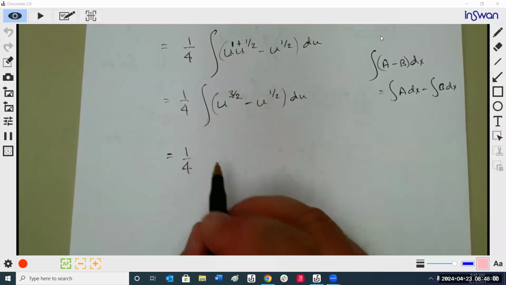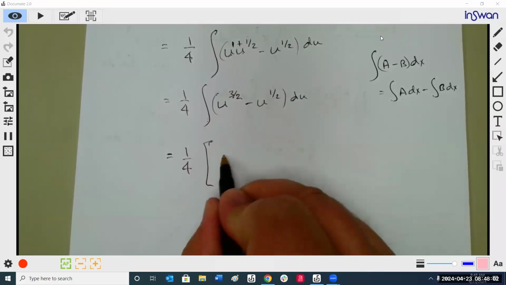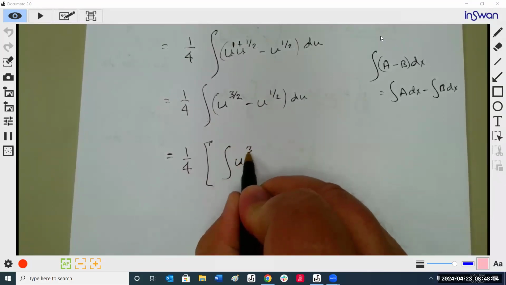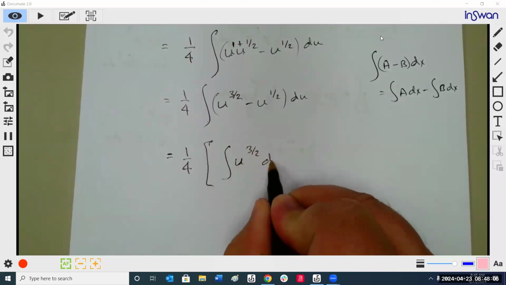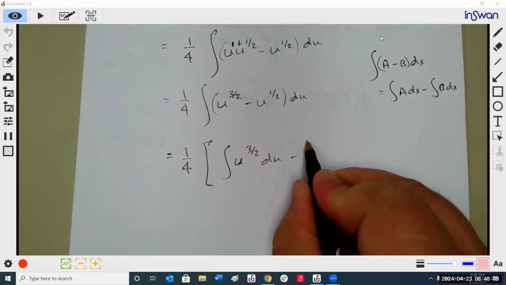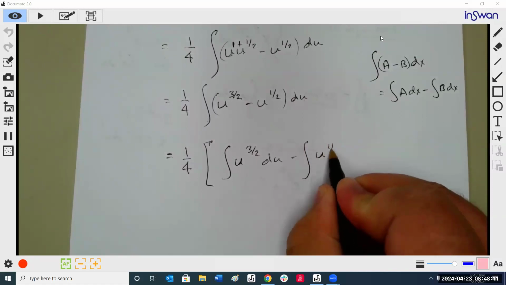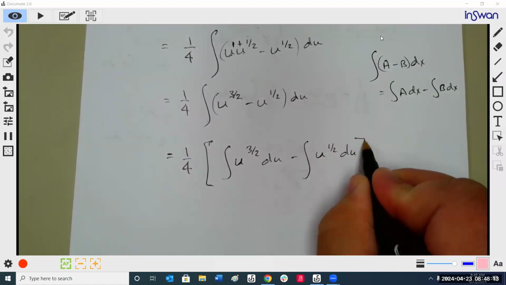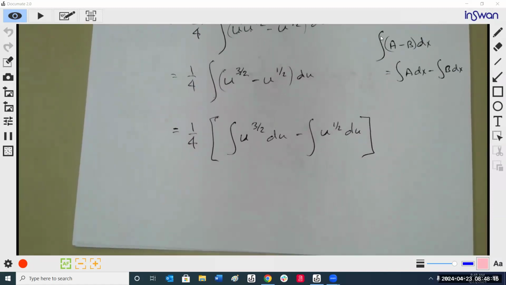So now we do the integrals of both of these. We do the integral of u to the power 3/2 du minus the integral of u to the power 1/2 du. That 1/4 is still out in front, or you could distribute it, it doesn't matter.